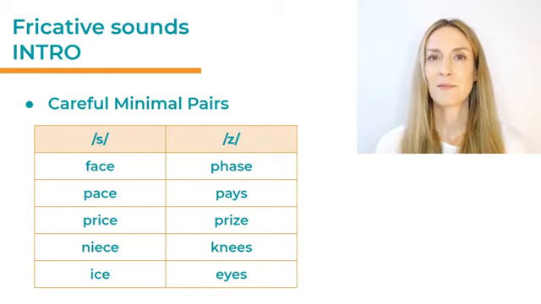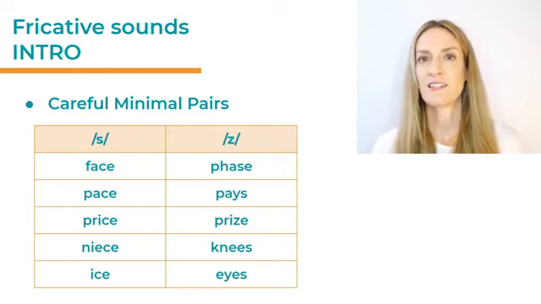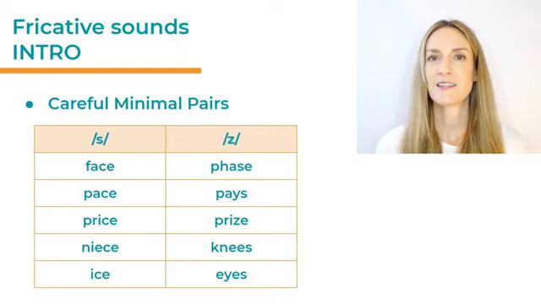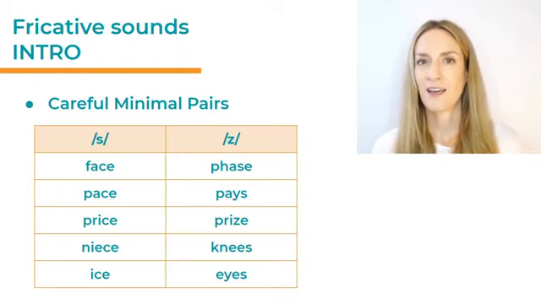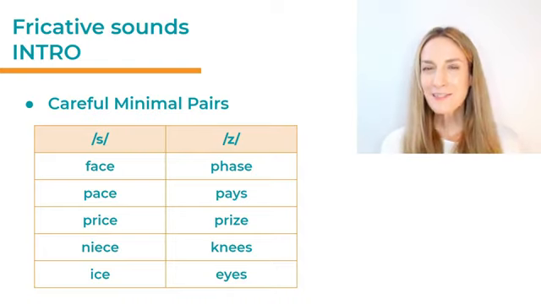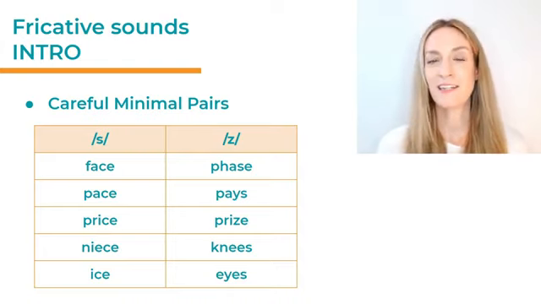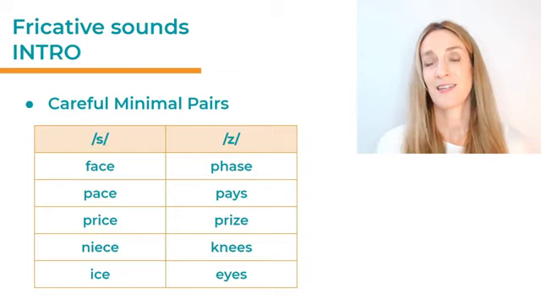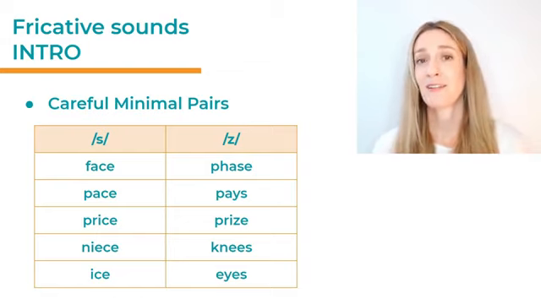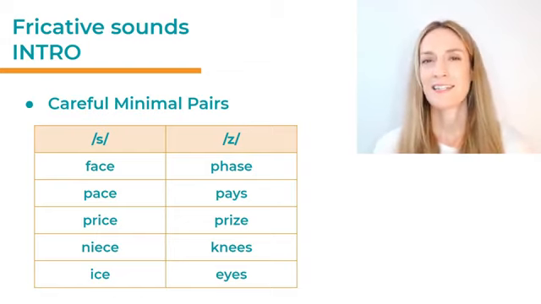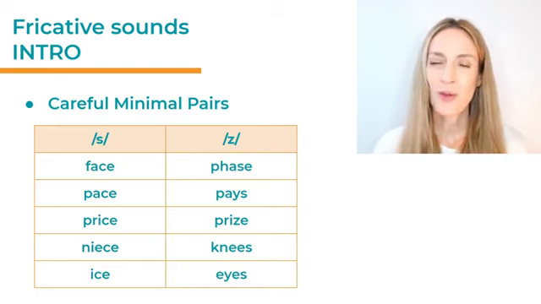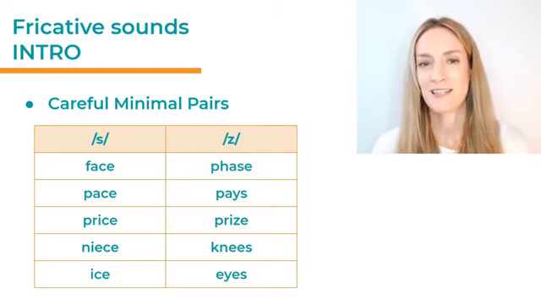Niece, but knees. Ice, but eyes. Again, here the difference is very small. It's really the unvoiced s and the voiced partner z. Like I said, if you need to listen again, just go back in the video and repeat this exercise.